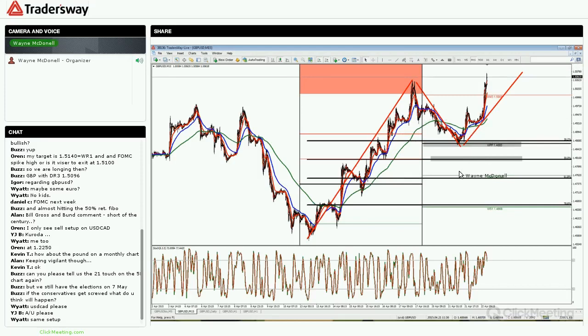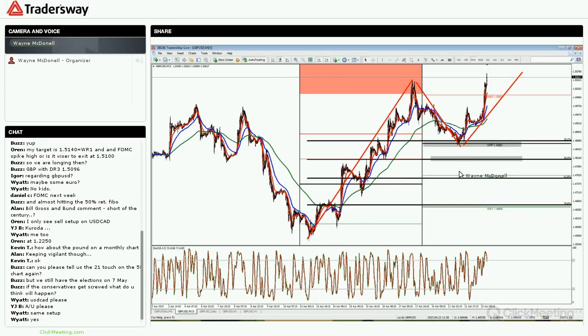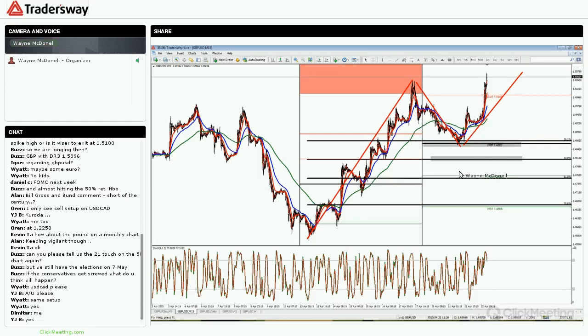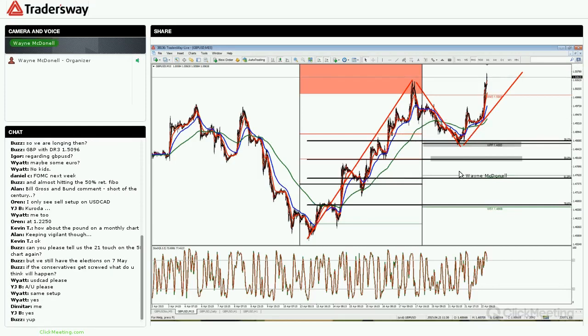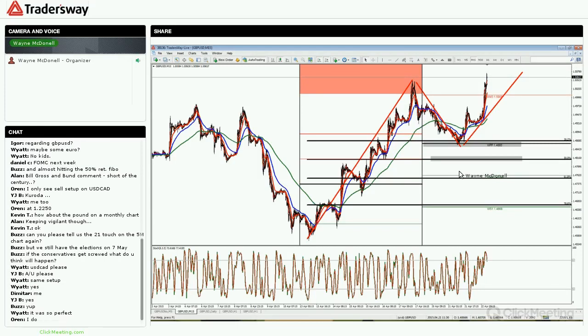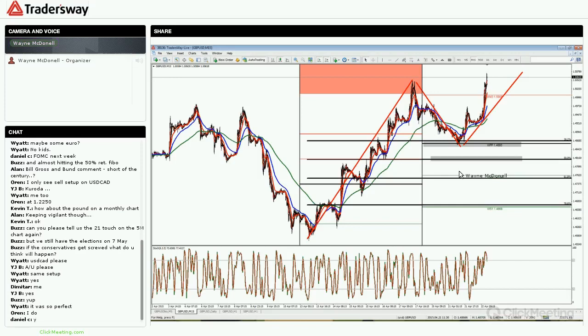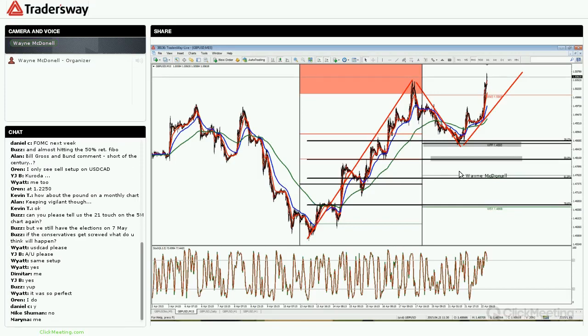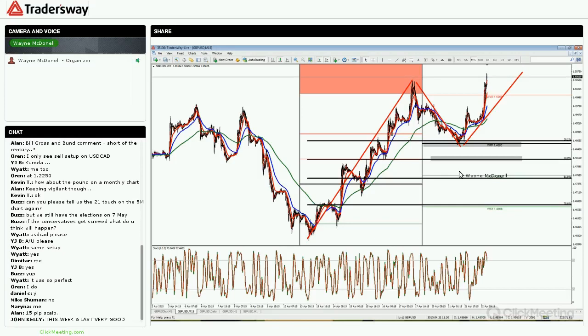How many people are making money today on the British pound? How many people have stories specifically with British pound? Wyatt, Dimitar, YJ, Buzz, Oren, Daniel, yeah? Mike, dope! We're probably going to have to move you to the next step soon, huh?